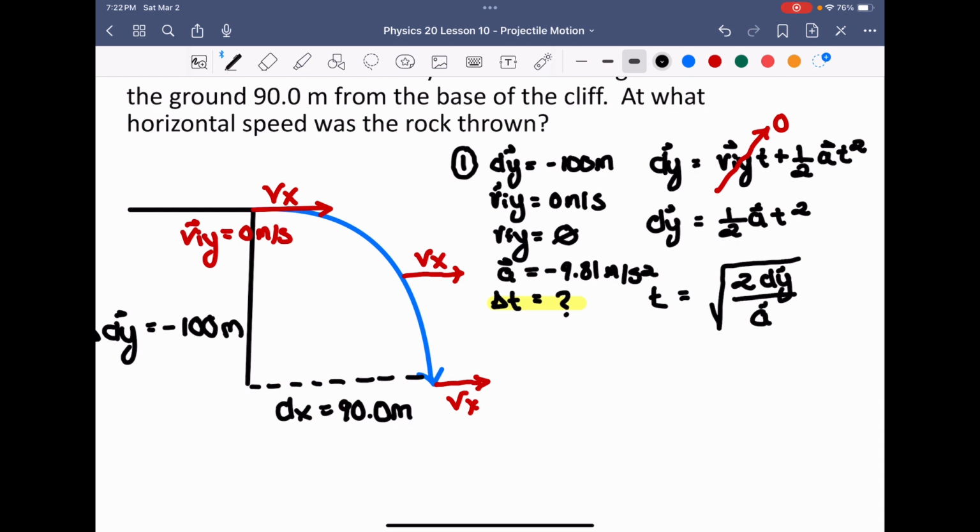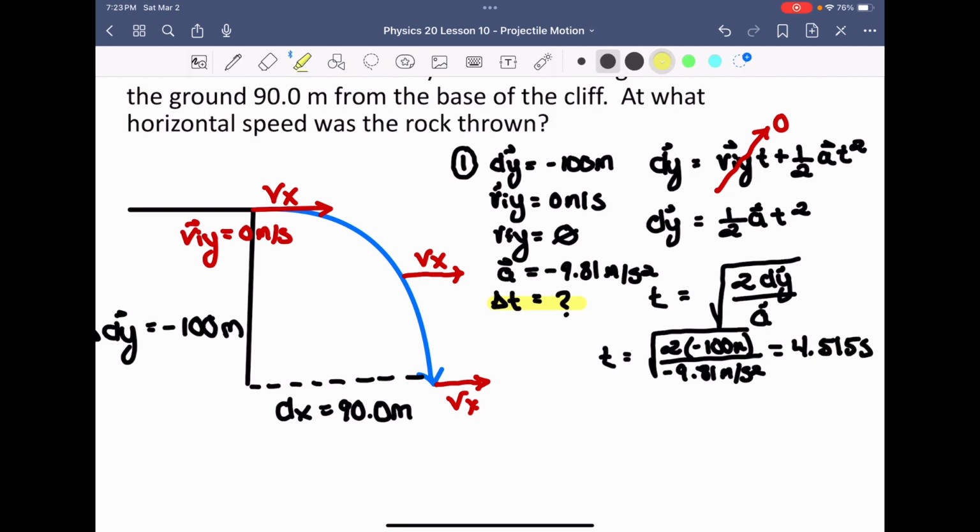Now, when I solve for time and I put in all the magnitudes, it's going to be time is equal to the square root of 2 times the displacement, which is negative 100 meters, divided by negative 9.81 meters per second squared. And this is going to give us a value of 4.515 seconds. There we go. So now, this isn't the final solution, but we're going to highlight it and say our time is equal to 4.515 seconds in the air.